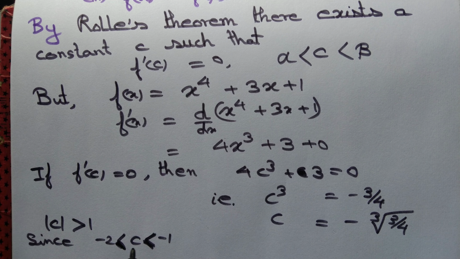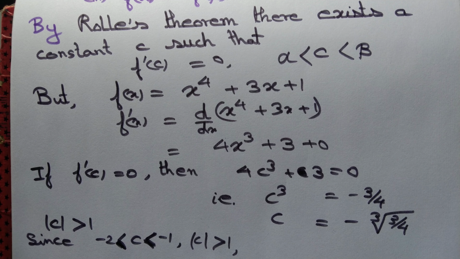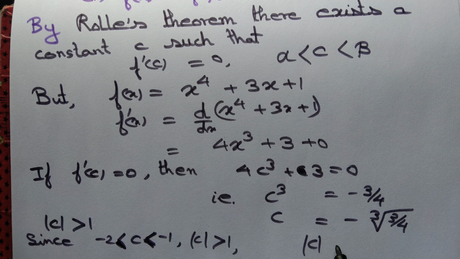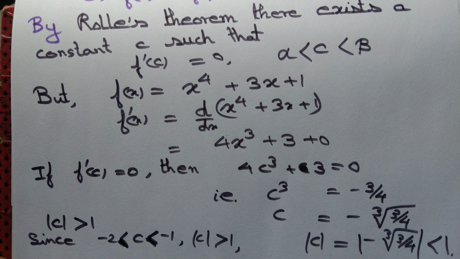So c is lying between -2 and -1, and mod c is definitely greater than 1, but in this case we find that mod c equals mod of the cube root of 3/4, which is less than 1.